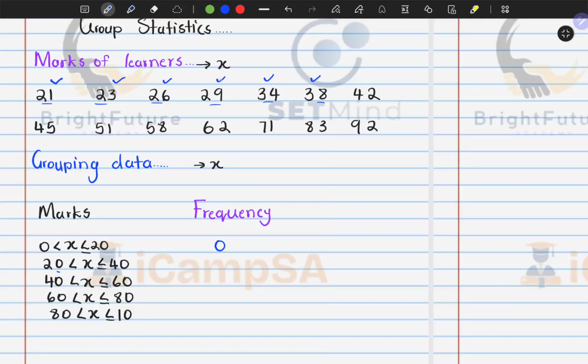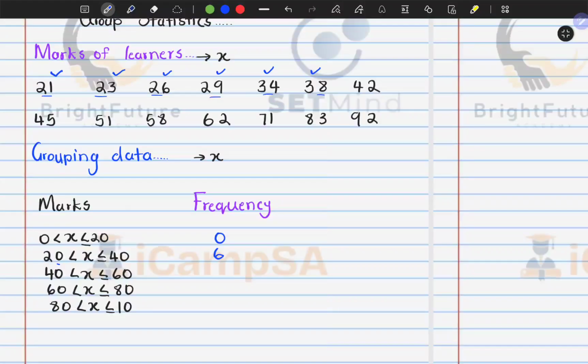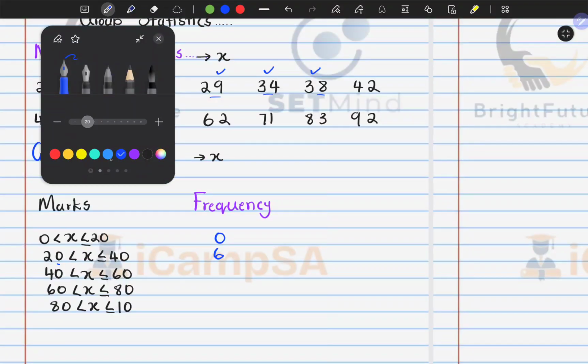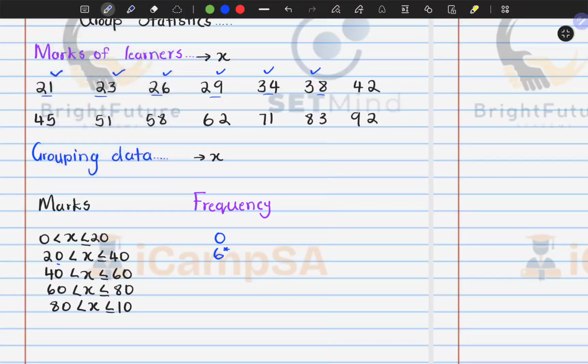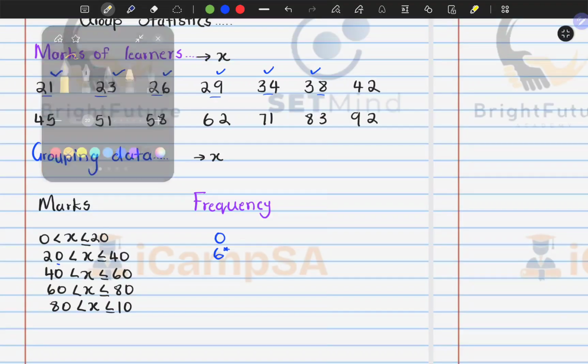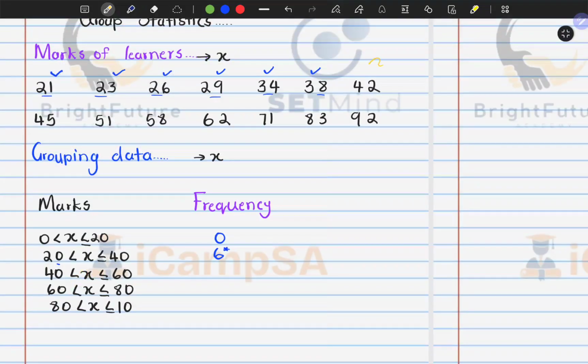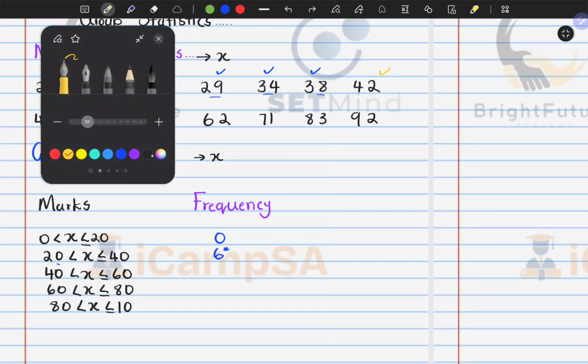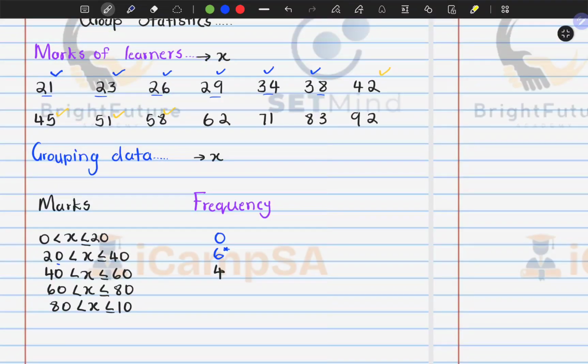So it's 1, 2, 3, 4, 5, 6. So we have 6 between 20 and 40. And then between 40 and 60, you have 1, 2, 3, 4. So we are just going to have a 4 there.